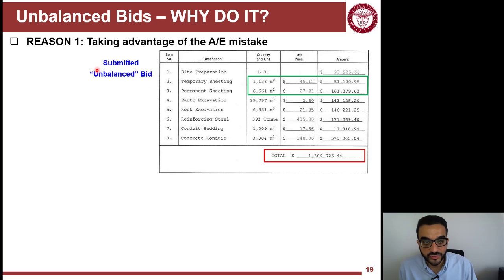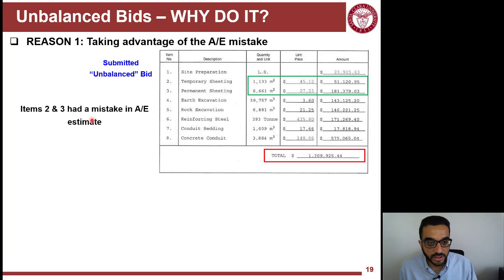So this is the submitted unbalanced bid, the sheet we have seen before. But now what happened is the contractor, when looking at the drawings and checking the quantities, figures out that the quantities here are not correct.